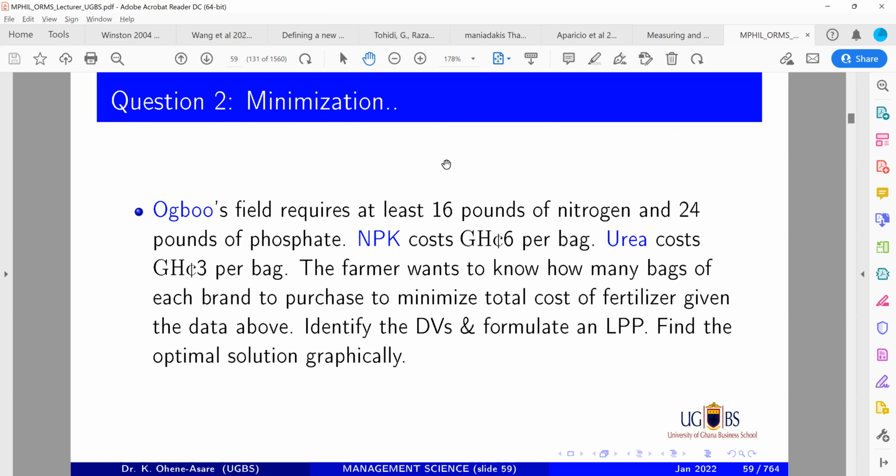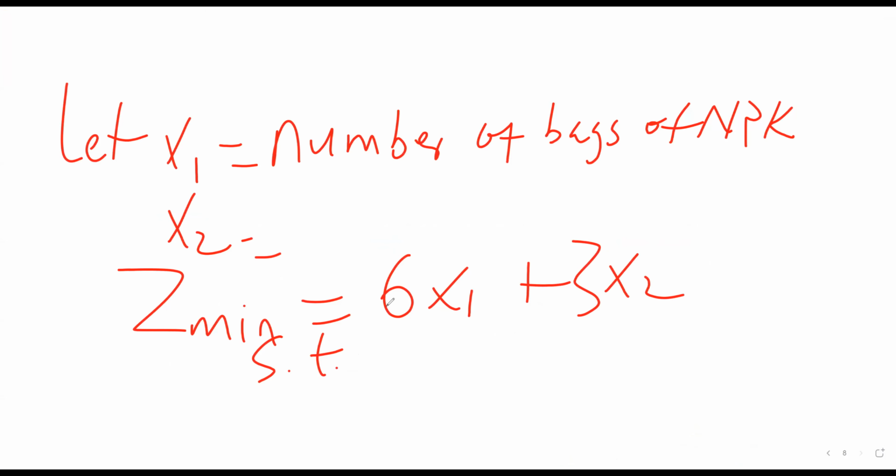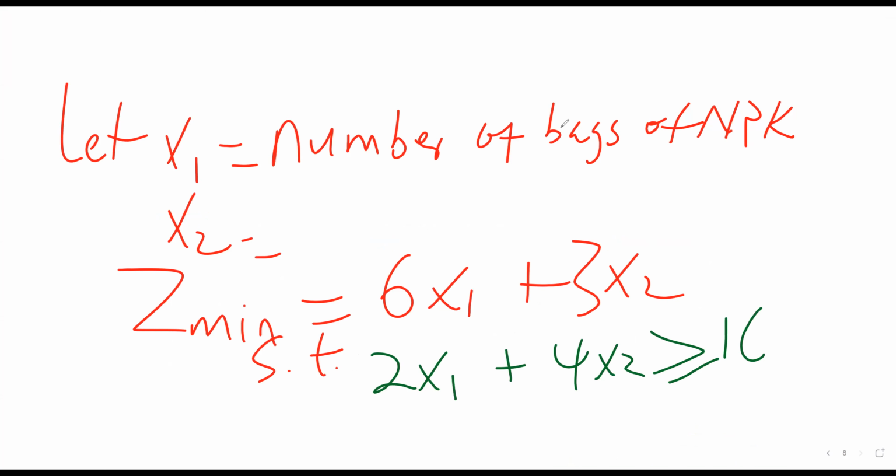So at least 16. So if you are writing the constraint, it is going to be 2 of the X1, which is the NPK, plus 4 of the X2, not less than or equal to, but greater than or equal to 16. This is a nitrogen constraint.